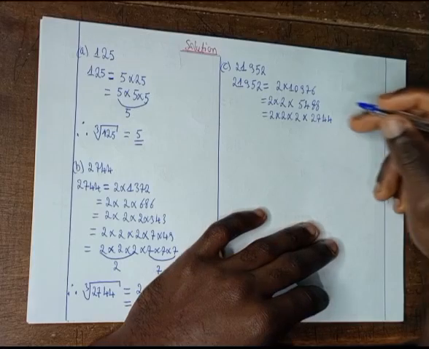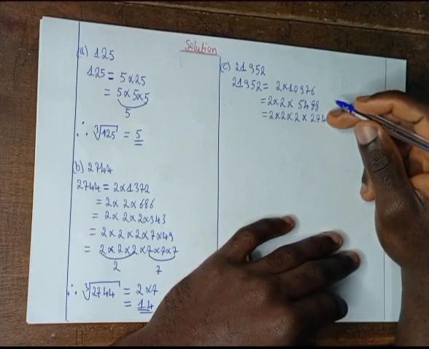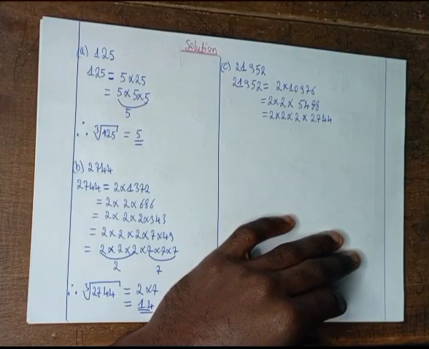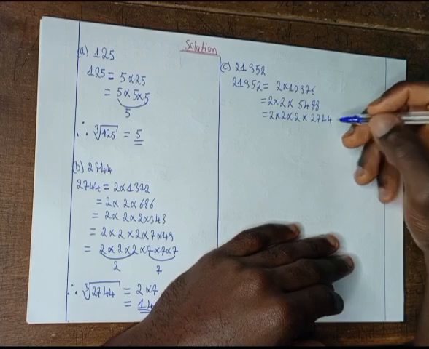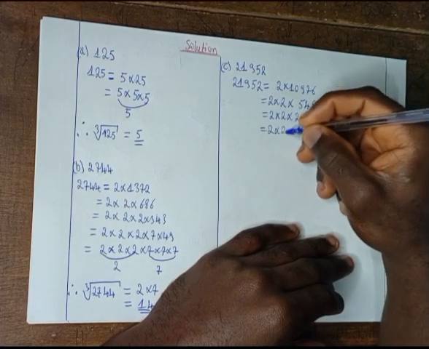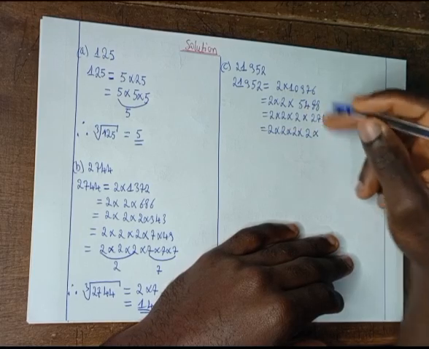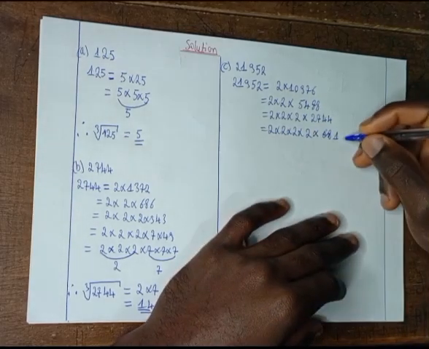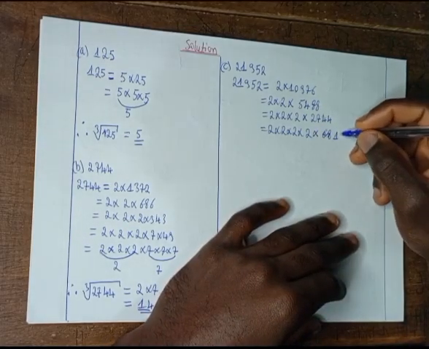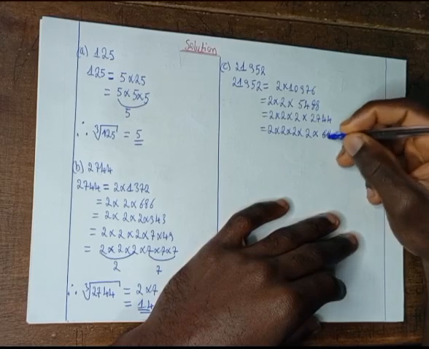Next, you can divide the number 2,744 by 2. This will give us 2 times 2 times 2 times 2 times 1,372.